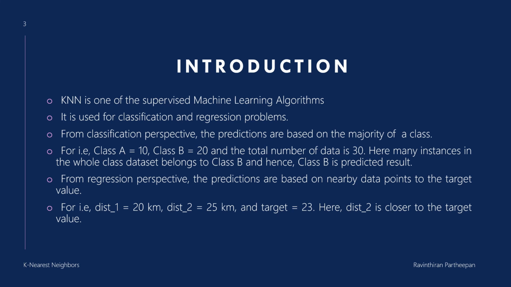Of course, like I told you, KNN is one of the widely used supervised machine learning algorithms. You could also use KNN for different kinds of problems, such as regression and classification problems. In regression problems, maybe I can give you a simple example for easy understanding.